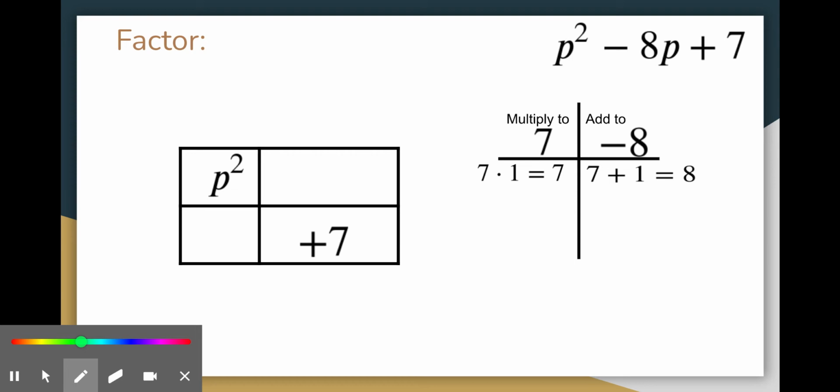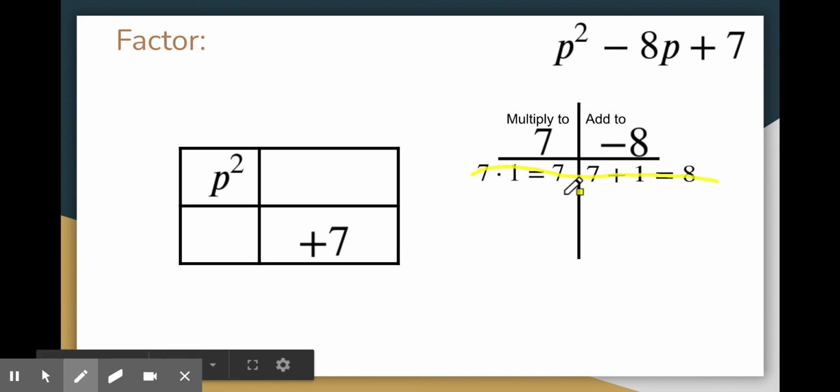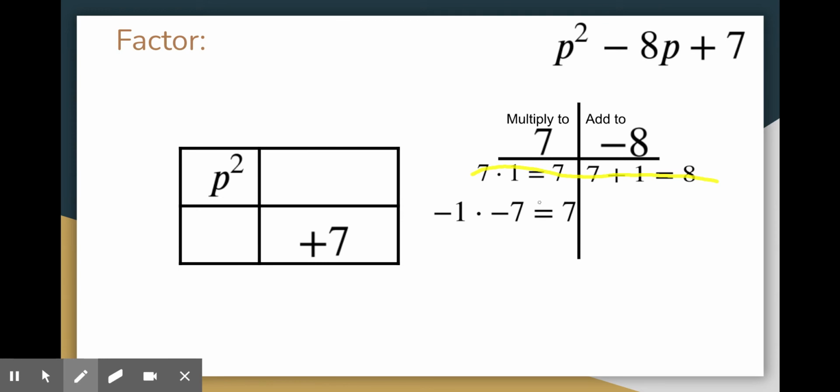Not quite, but I am close. So I'm going to cross this off because it didn't work. But what if I made both of them negative? -1 times -7 is 7, and -1 plus -7 equals -8.